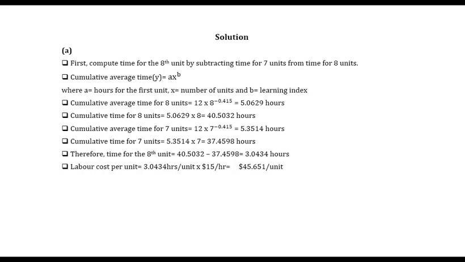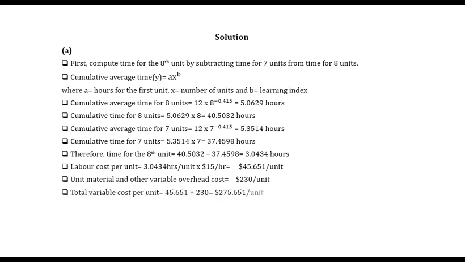So we have labor cost, which is also a variable cost. We add it to other costs, unit material and other variable overhead costs, which we are given in the question as $230 per unit. If you sum them, you obtain total variable cost of $275.651 per unit. Then we are given the markup, which helps us compute the profit on cost. So price equals cost plus profit, where the profit is 50% of cost.